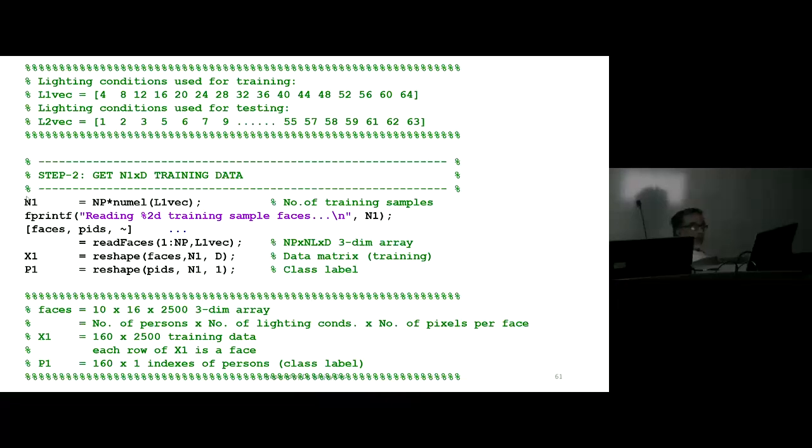N1 is the number of training samples, and X1 is the matrix of training samples, the X previously upon which we do the PCA. P1 is the class labels, which person it is. The read faces subroutine will return everything. It also returns lighting conditions, but we don't need that. We only need faces and the IDs of the people, the class labels.